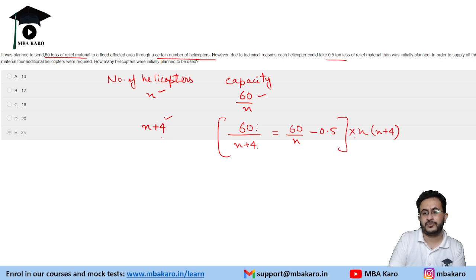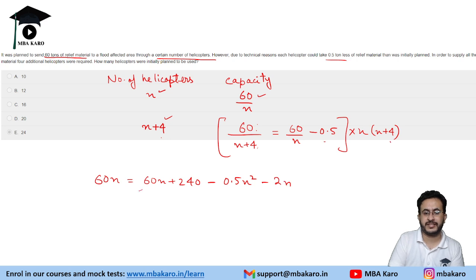So on the left hand side we will get 60n, that is equal to 60 times n plus 4, so 60n plus 240 minus 0.5 n square, and minus 0.5 into 4 is 2n.